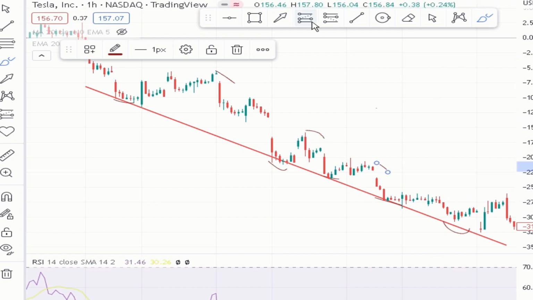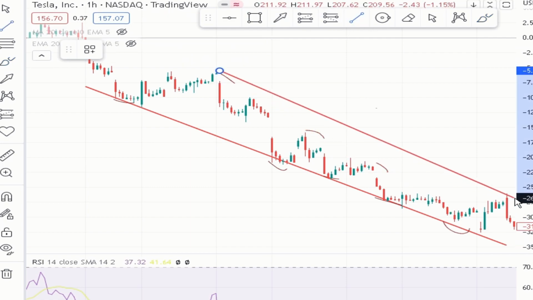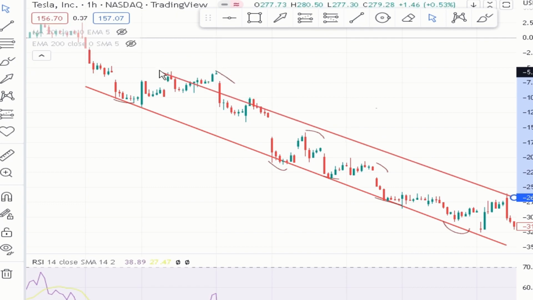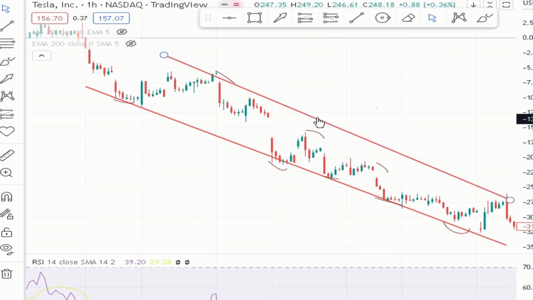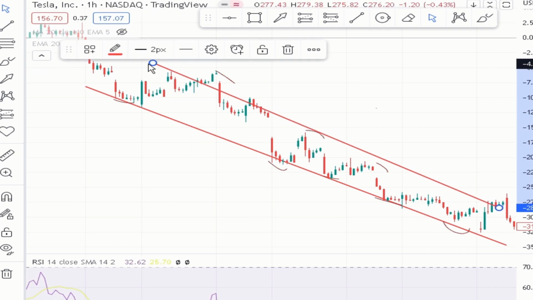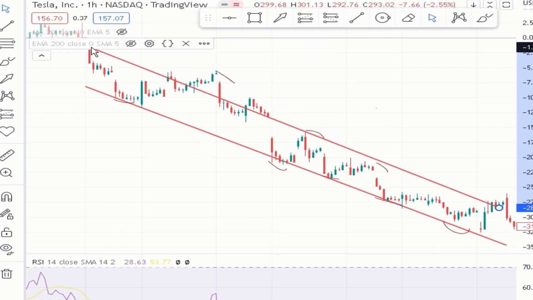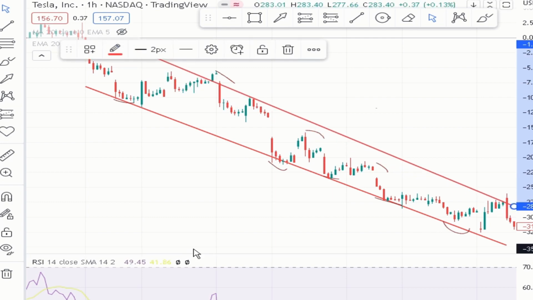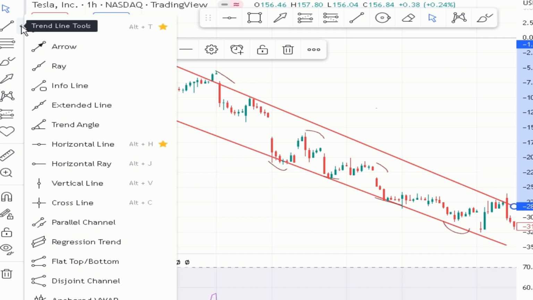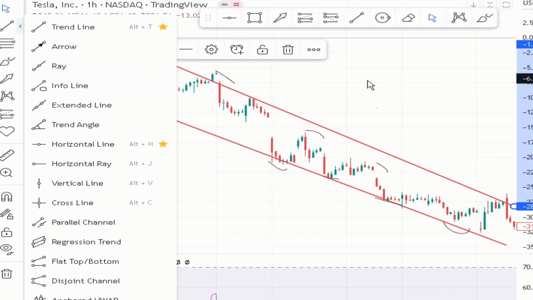In a resistance area, the selling opportunity would be around here. Of course, you have to align them in a way that the channel would be much better of usage if you want to use a channel. For the channel, you can do that more easily, but I use this for now.